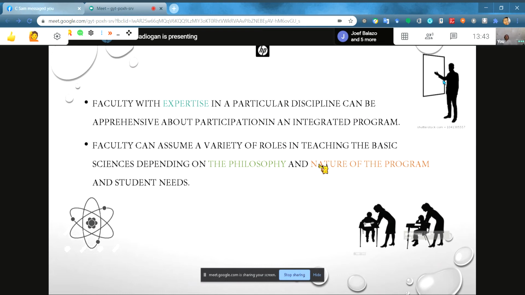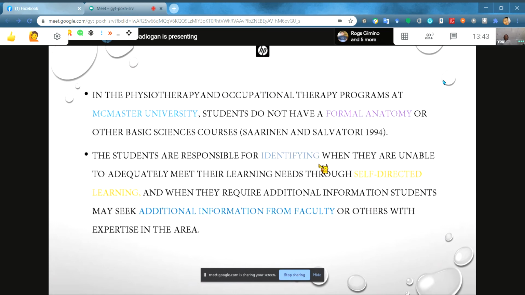So, depende po na sa faculty nato. Example, kung kinsa tong teacher ani nga subject, depende ra po na siya kung unsa iyang technique nga pag-teach sa mga students. Kabalo ba mo sa McMaster University, students do not have formal anatomy or other basic sciences courses.